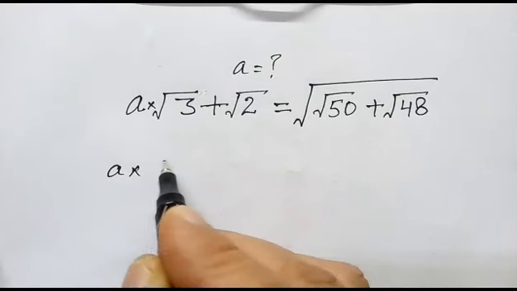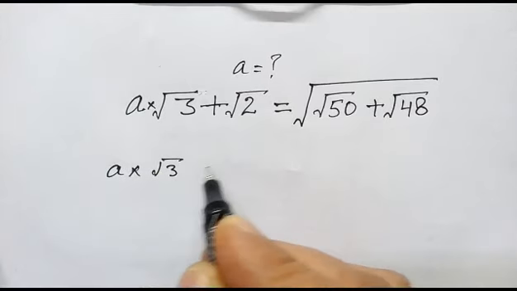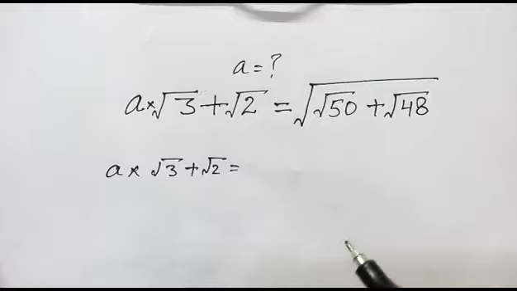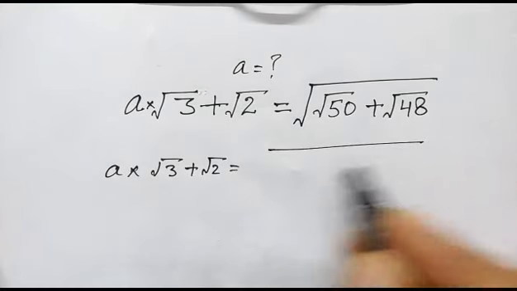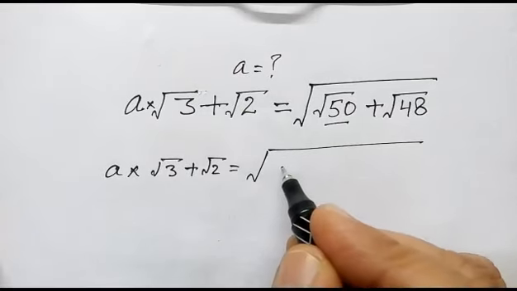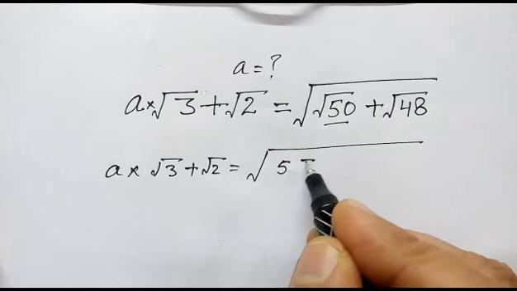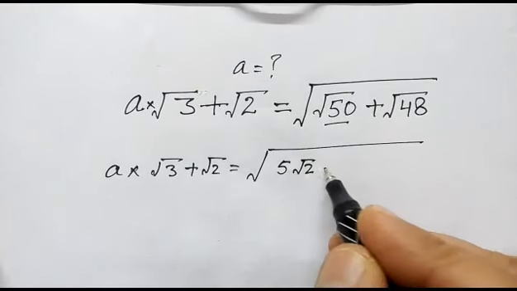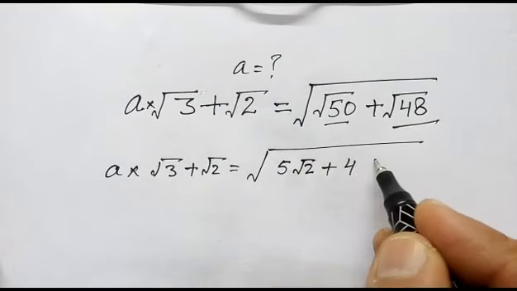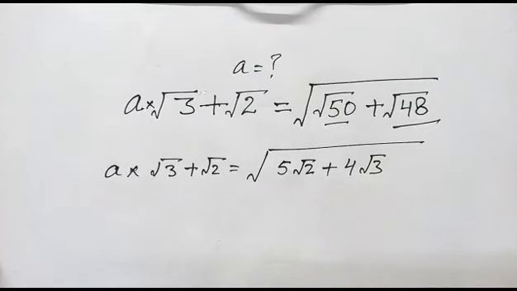a times (square root of 3 plus square root of 2) is equal to square root of 50, which can be written as 5 square root of 2, plus this as 4 square root of 3, right?